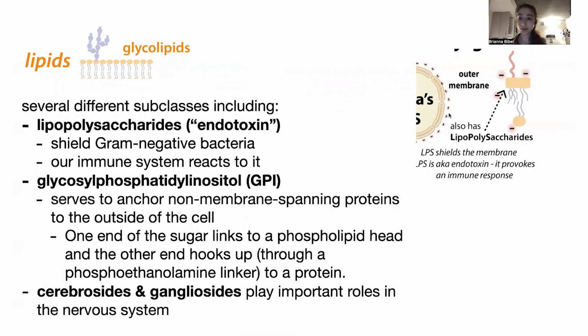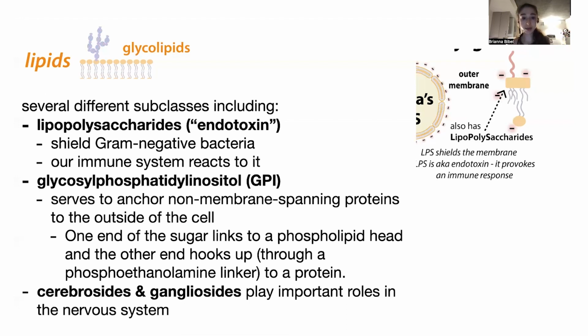Different bacteria will have different ones, but these stick out from the outer membrane. You'll find these in gram-negative bacteria. These bacteria don't have a cell wall. They still have a really sturdy exterior, but not a cell wall. To help protect them, they have these lipopolysaccharides, which stick out and make it harder to get to the bacteria's surface. Called endotoxin, it provokes an immune response.